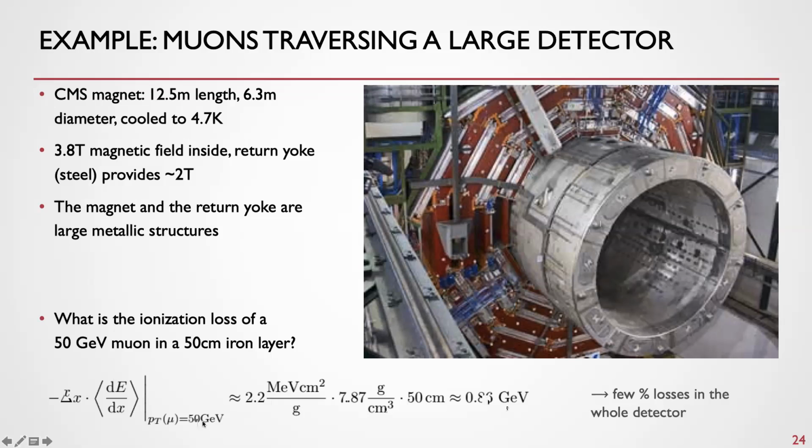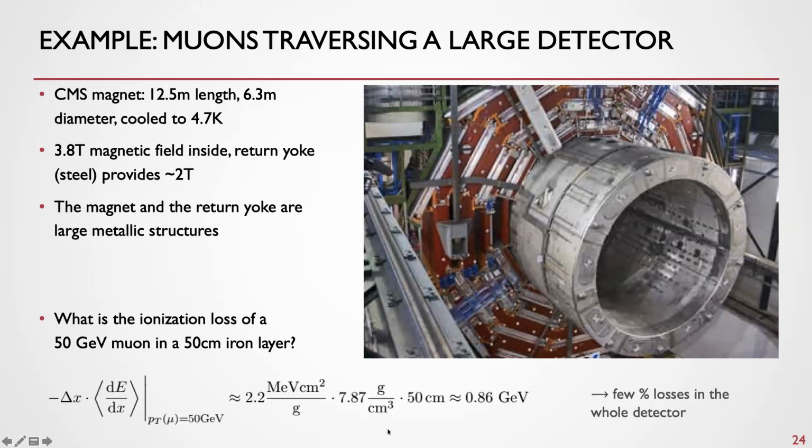That means we have a few percent losses here, okay? Because we had 50 GeV, we roughly lose 1.7, 1.6% of the energy of the muon when it traverses this 50 centimeter magnet that consists of steel for the most part, some aluminum, and of course the superconducting material.